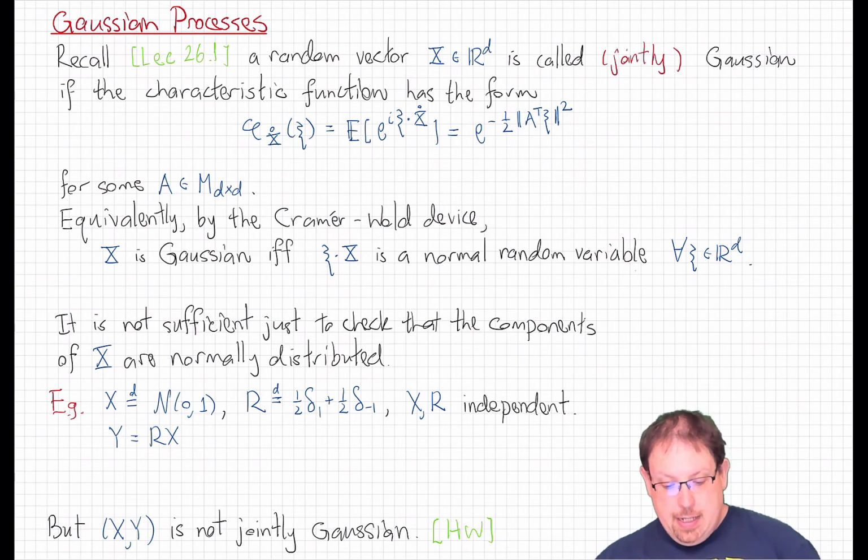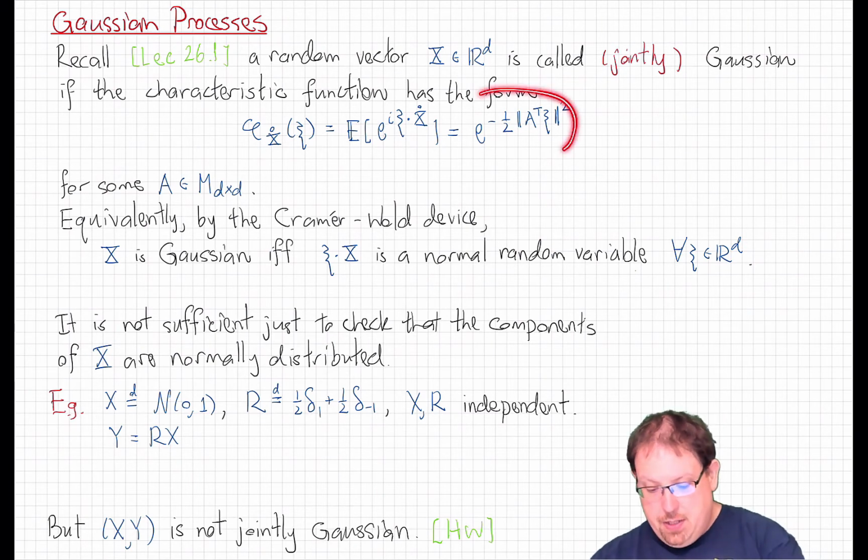And I'm going to go ahead and center the random variable first. So it's called Gaussian if it has finite expectation, and after you center it, the characteristic function, that is the expected value of e to the i, ξ dotted with X centered, has this form here.